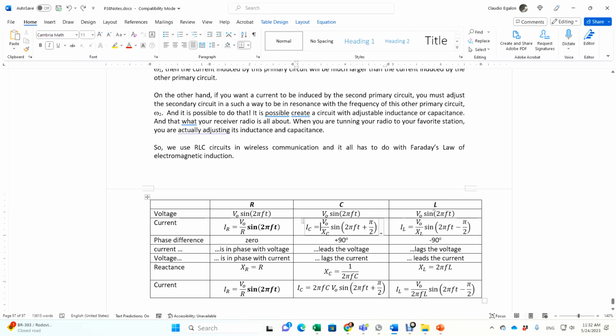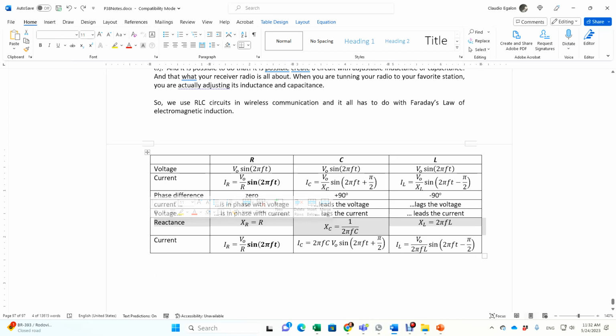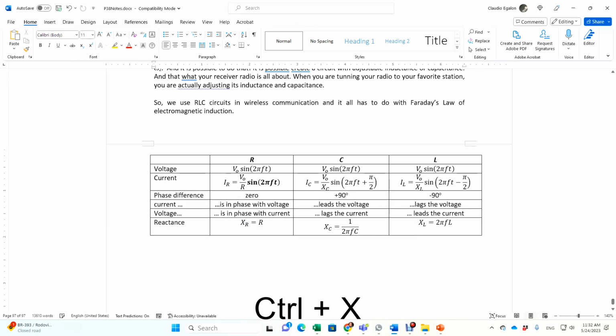In the case of the inductor, the current lags the voltage. And here are the phase differences. Here's the reactance.